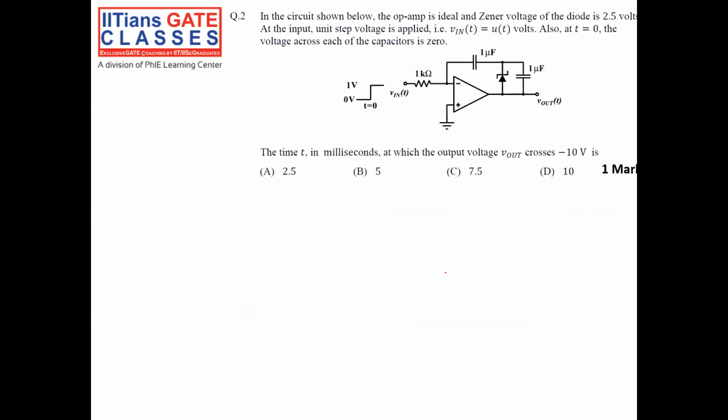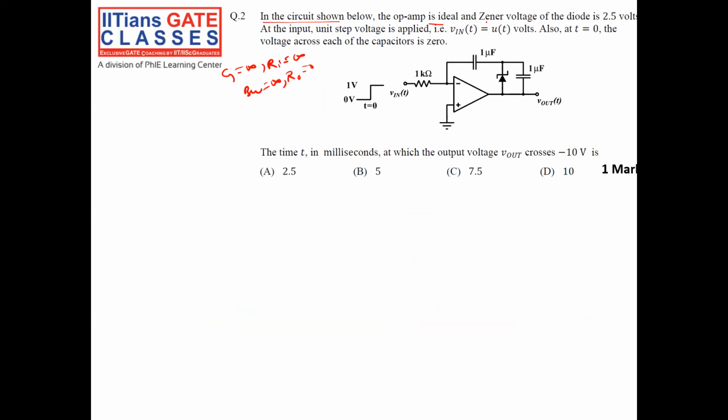Let's go to the next question. In this question, in the circuit shown below, the op-amp is ideal. Okay, what is an ideal op-amp, guys? Gain is equal to infinity, input resistance is equal to infinity, bandwidth is equal to infinity, output resistance is equal to 0. Right? This is an ideal op-amp.